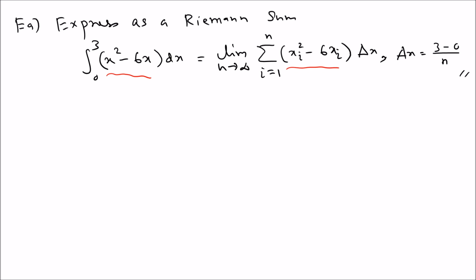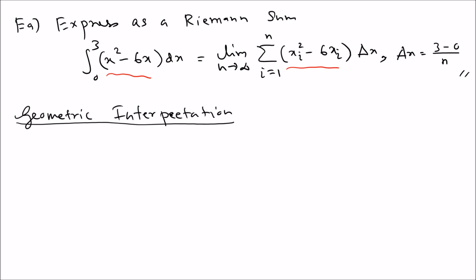So let's talk about the geometric interpretation. We know that by the Riemann sum, the definite integral represents the area under the curve.